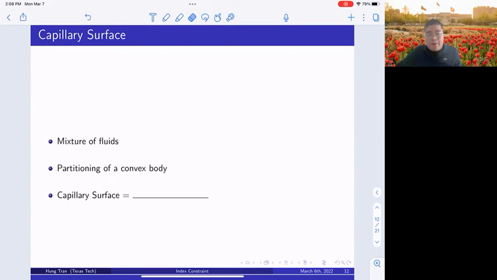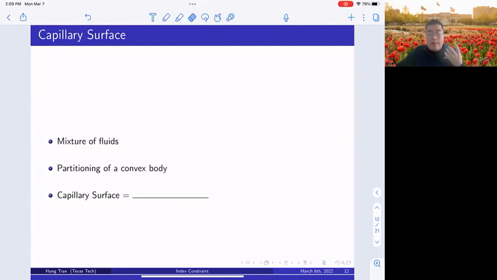So capillary surfaces are the model of interfaces between different fluids. So think about you put two different fluids into a container. These fluids are going to preserve their volume and also their wetting area.